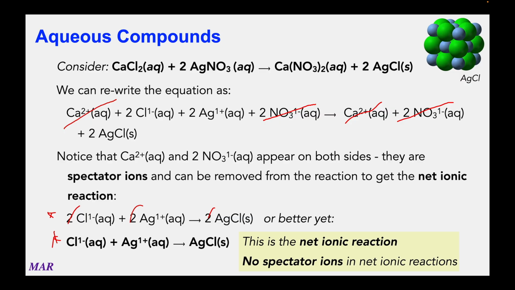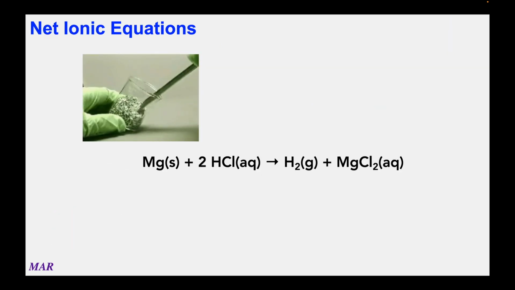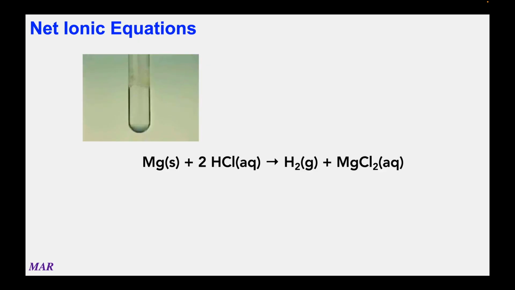The chloride is reacting with silver to make silver chloride. So when you have a reaction that doesn't have any spectators, you can really see what's happening. And in this reaction, it's all about making silver chloride solid, silver chloride as a precipitate. So net ionic reactions do not include spectator ions. When we put magnesium metal into aqueous hydrochloric acid, the two react.